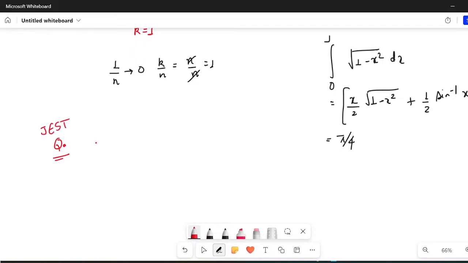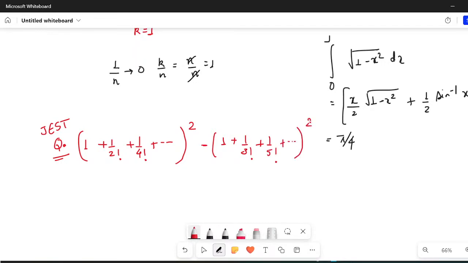I don't know which year it was, but there was a question in the JEE exam: 1 plus 1 by 2 factorial plus 1 by 4 factorial and so on, this raised to power whole square, and then there was another bracket, with a minus of 1 plus 1 by 3 factorial plus 1 by 5 factorial, so on and so forth, and whole square. And it was asked, what is the value of this particular sum of the series?